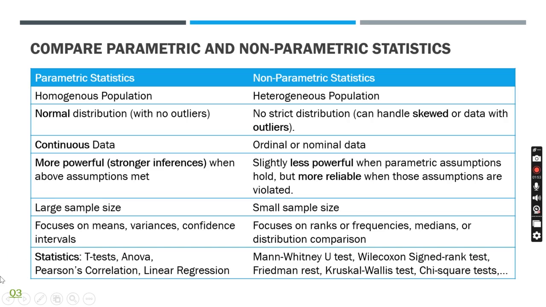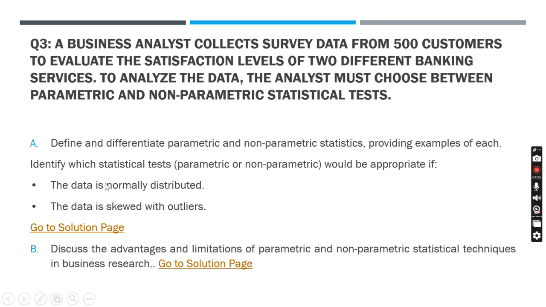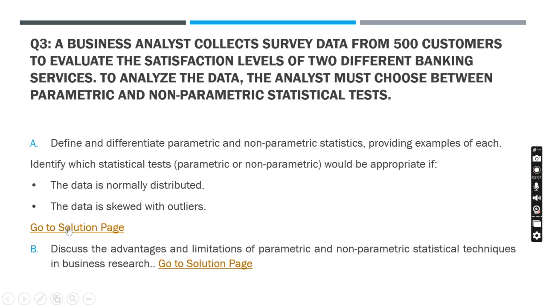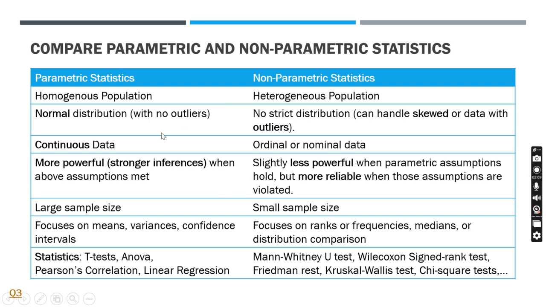So in the question here, it asks which statistical test would be appropriate if the data is normally distributed and if the data is skewed. As we talked before, when the data is normally distributed, we can use parametric tests, and because we have two different groups, I guess the most appropriate is the t-test, okay, because we want to measure the differences between two groups.